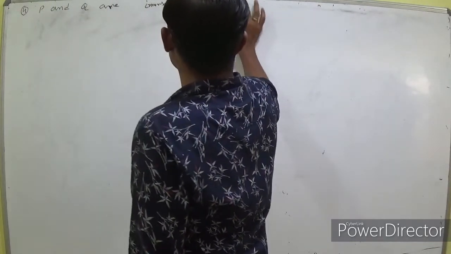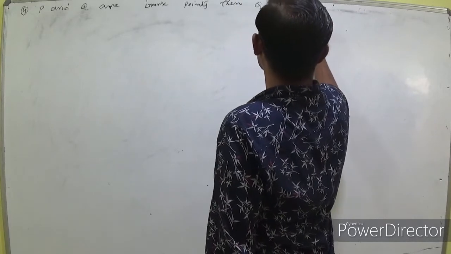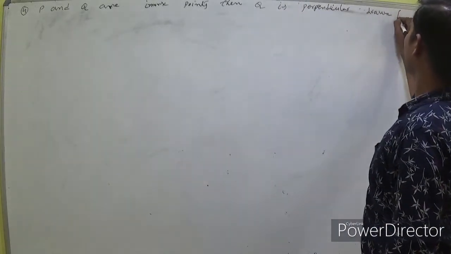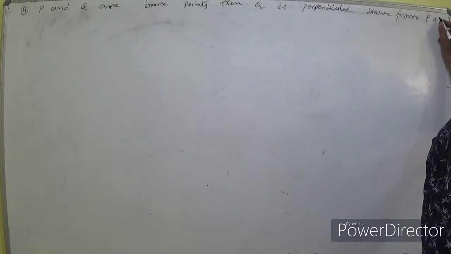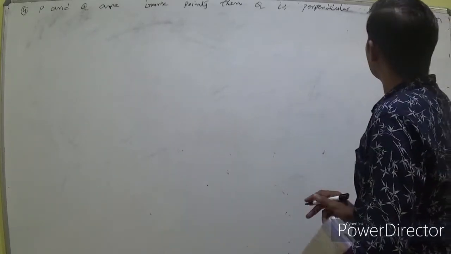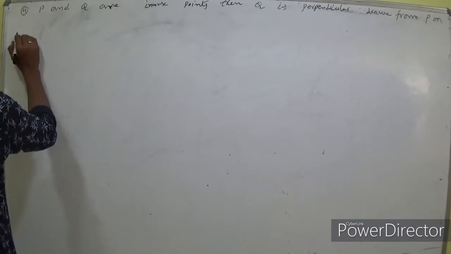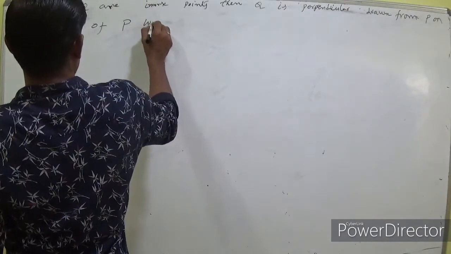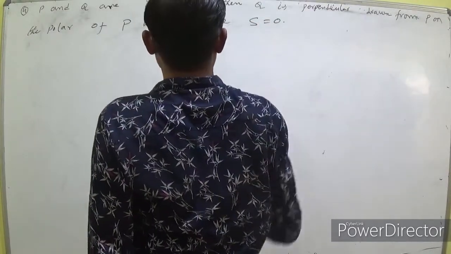Then Q is the foot of the perpendicular drawn from P on the polar of P with respect to this circle, S equal to 0.